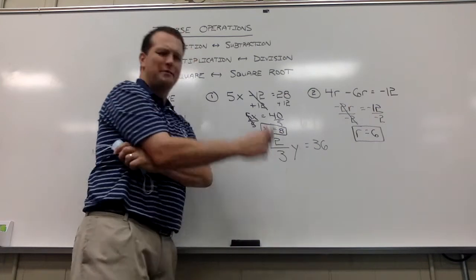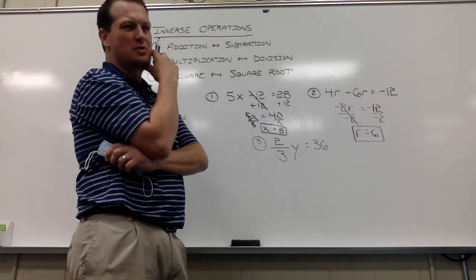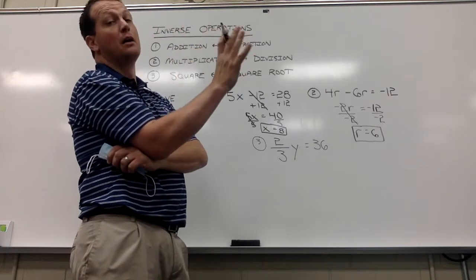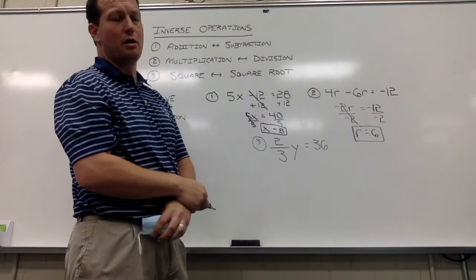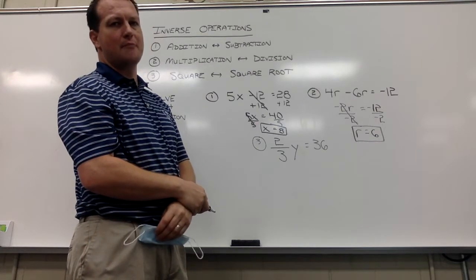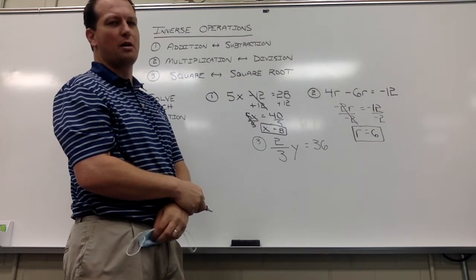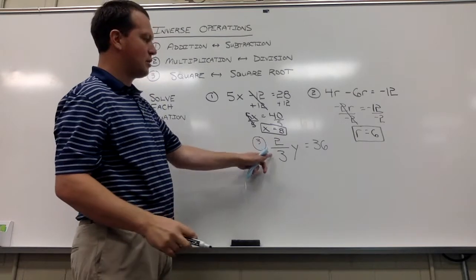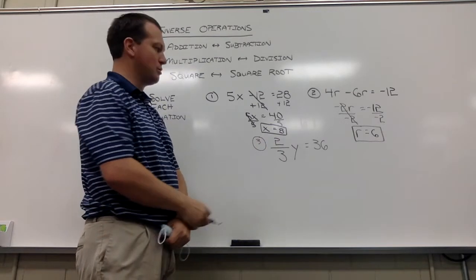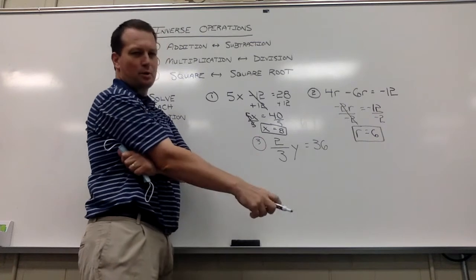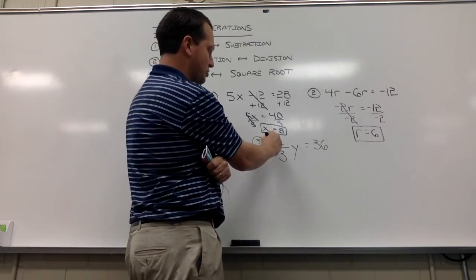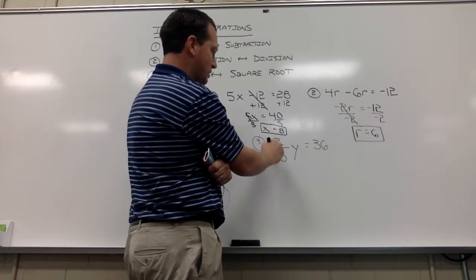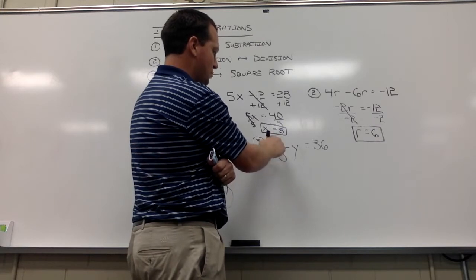So you're thinking, ooh, I've got y being multiplied by 2/3, so I should divide. Wrong. Fractions, recall, you need to multiply both sides by what we call the reciprocal of that coefficient value. So in this case, the reciprocal of 2 over 3 is 3 over 2.